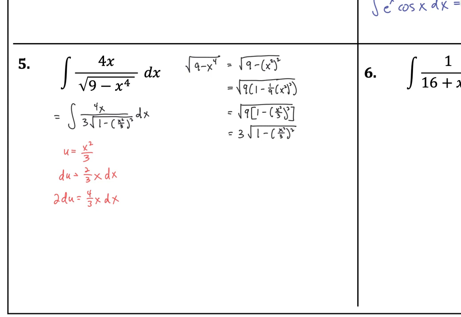Okay, so now when we do u sub, it'll really just be a 2 du all over square root of 1 minus u squared. Okay, make sure that's right. Yeah, okay, that's right. Okay, then we integrate. So this is inverse sine. And then u is x cubed over 3.